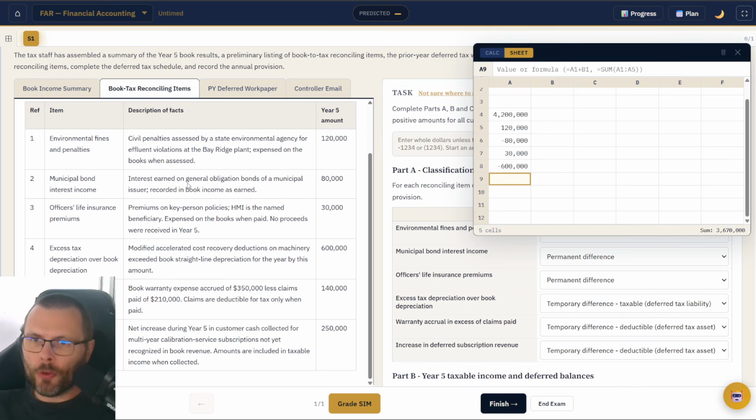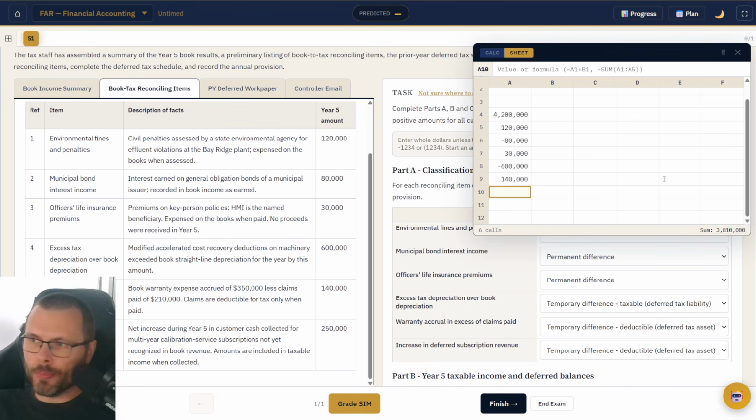Warranty, 140,000. The books accrued the 350, right? The IRS only honors the 210 that you actually paid. Thus, the unpaid 140 goes back in. Add 140 to book income. And the last one, number 6, subscription deferred revenue. So the cash came in, but on the books, it's deferred.